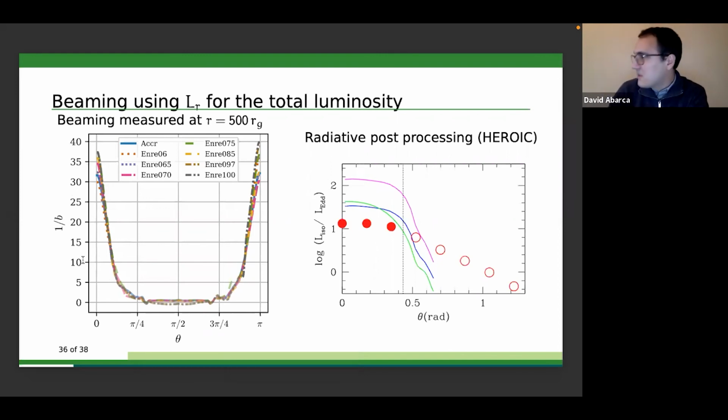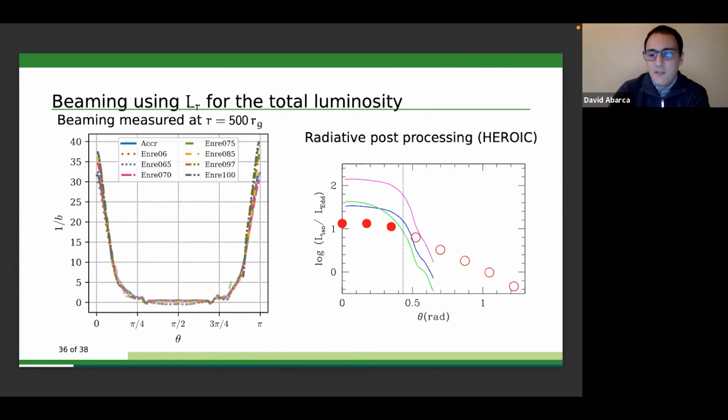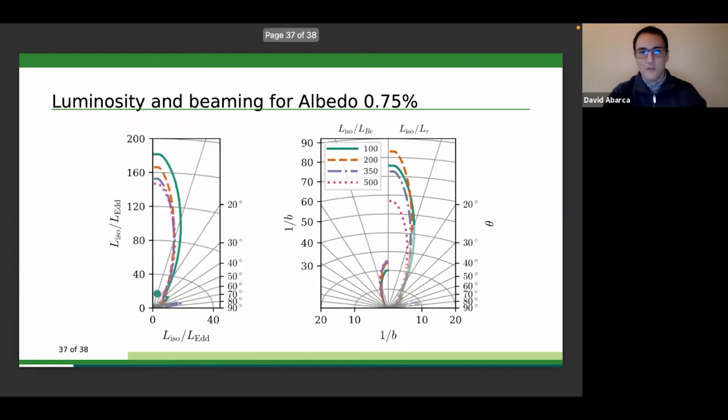It's also possible to get an extra factor of 2 from doing an axisymmetric rather than isotropic simulation. So some things will reduce this beaming factor a little bit, but the point is that it's still tightly enough beamed to produce these luminosities, which are expected to be observed in ULXs.